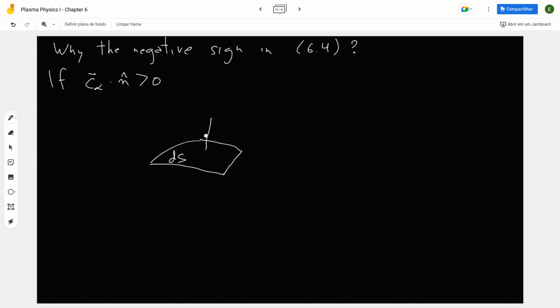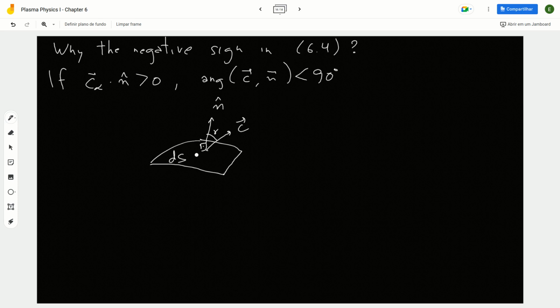You have your normal, n, right? Then you have c, the fluctuation velocity vector. If you have c dot n larger than 0, it means that the angle between c and n is smaller than 90 degrees, right? This is the angle. I shouldn't use alpha, because alpha is the index of the particles. Let's say gamma. Then gamma is smaller than 90 degrees, right?